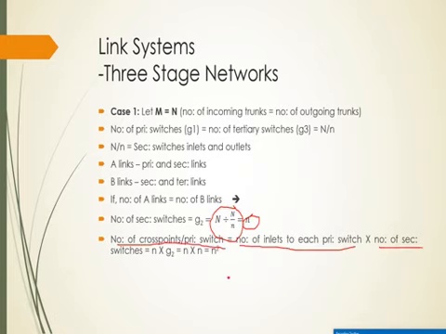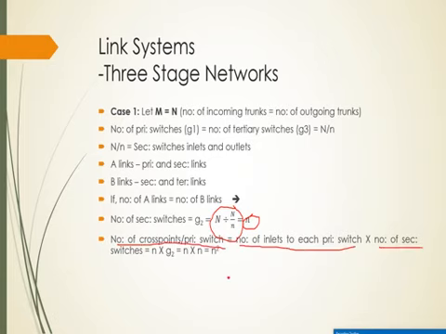First we identify the number of cross points per switch, and then using that we identify the number of cross points in that stage. For the secondary, the number of cross points per switch is equal to the number of inlets to the secondary switch into the number of tertiary switches present. For the tertiary switches, the number of cross points per tertiary switch is given by the number of outlets.